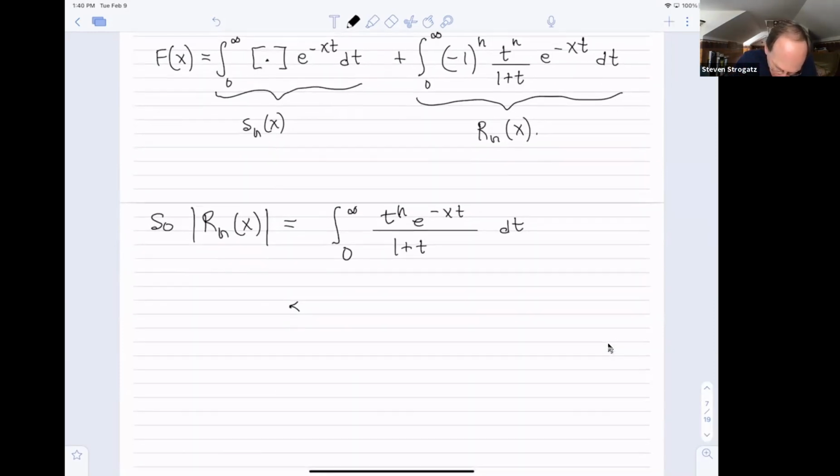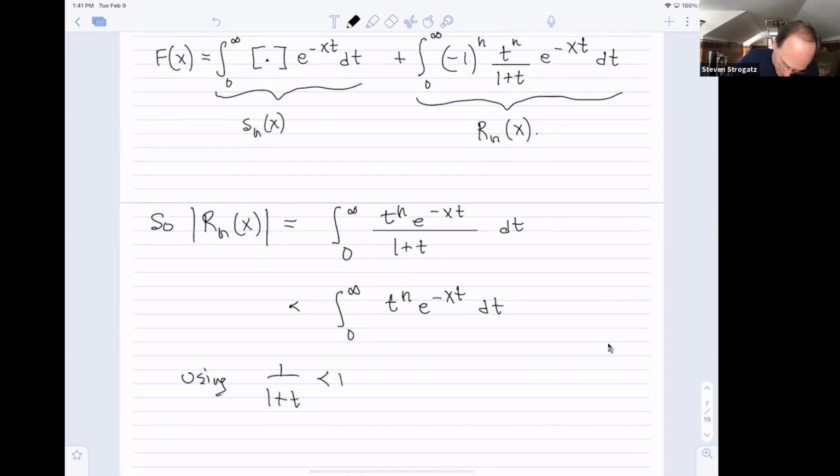So this is actually strictly less than, if we're a little more careful, it's definitely strictly less than this, where we're using the fact that 1 over 1 plus t is less than 1 for positive t.